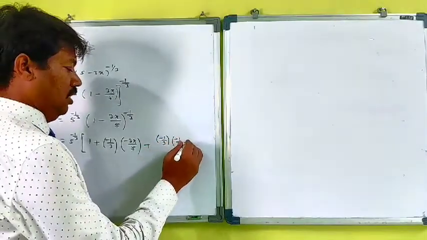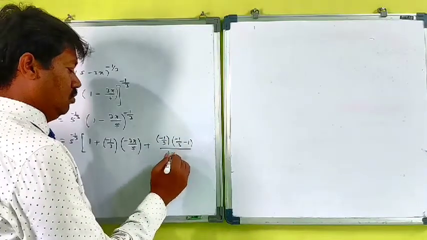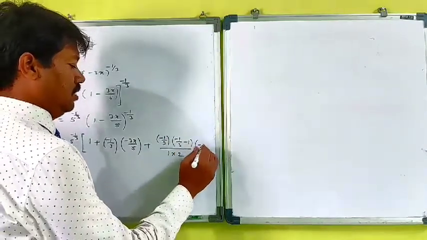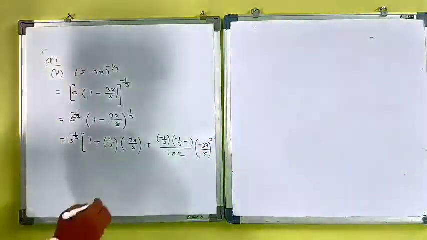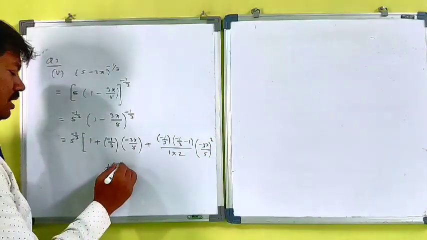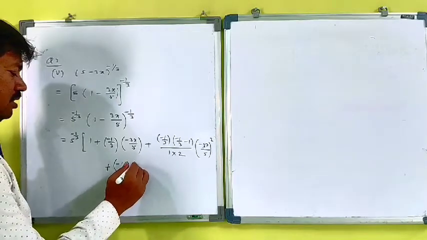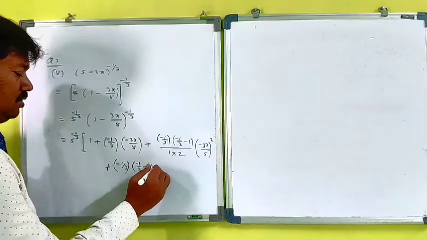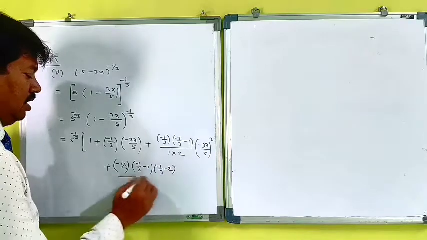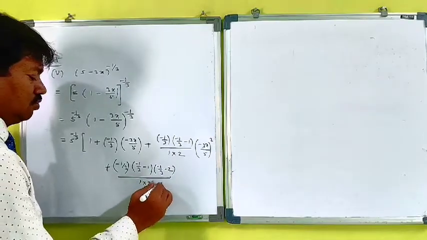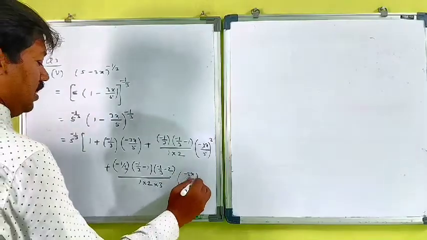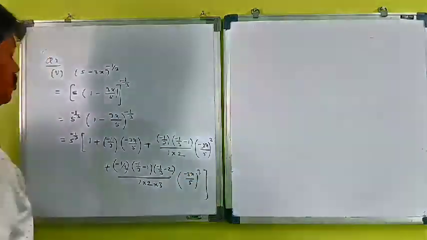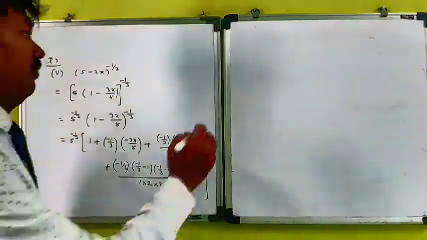Minus 1 upon 3 times (minus 3x upon 5), then minus 1 upon 3 into minus 1 upon 3 minus 1 upon 1 into 2 times (minus 3x upon 5) square. One more term: minus 1 upon 3, minus 1 upon 3 minus 1, minus 1 upon 3 minus 2, upon 1 into 2 into 3, times (minus 3x upon 5) cube. So it's like this.